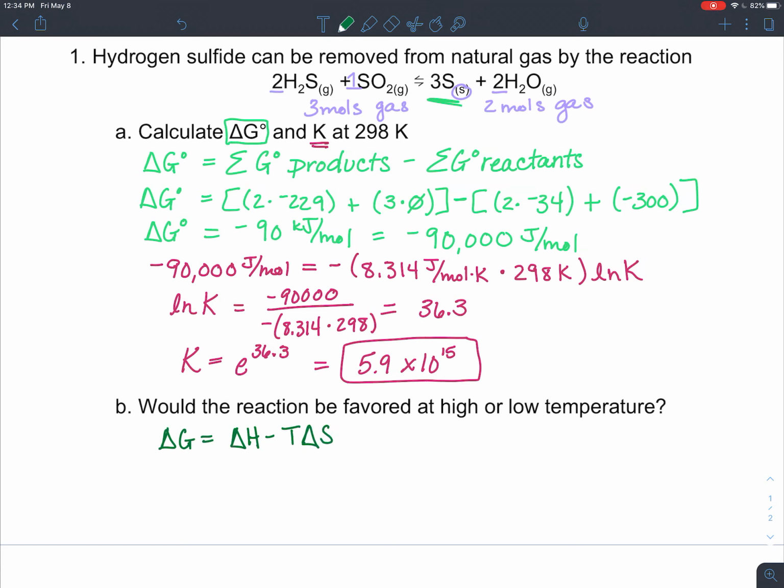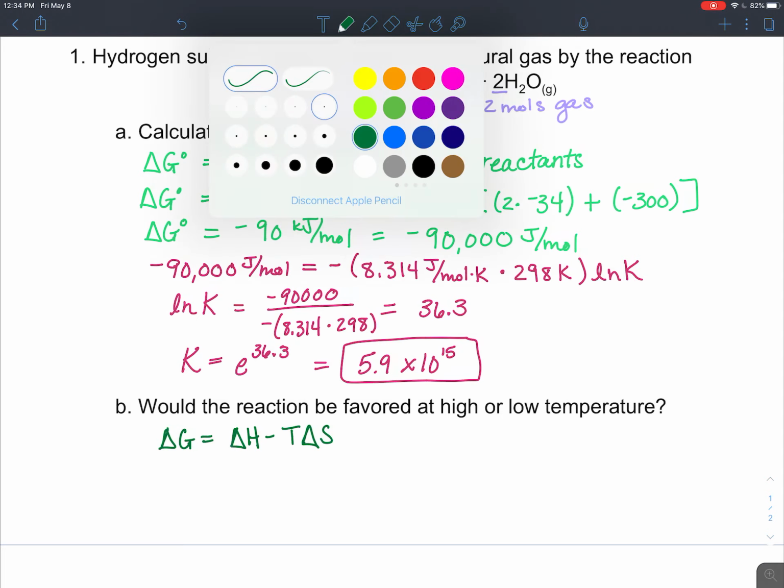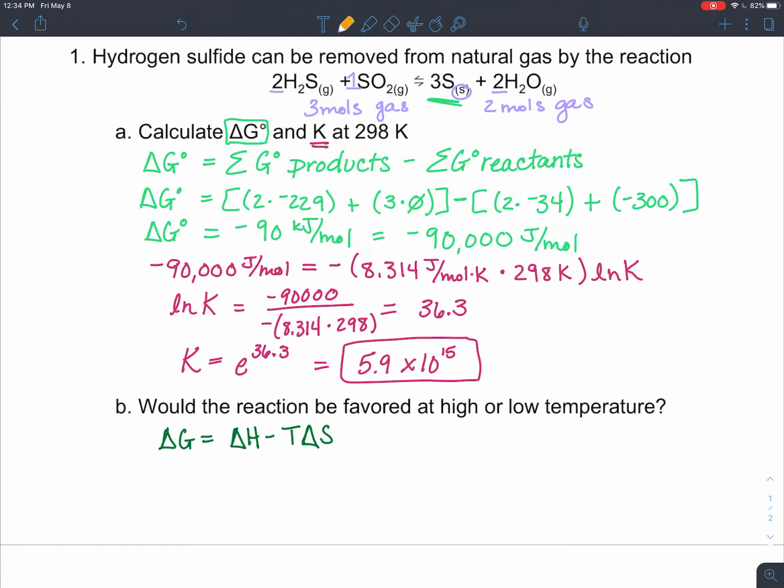Okay, so let's consider this. In order to have this reaction be spontaneous, it has to be a negative delta G. Okay, so negative is spontaneous or thermodynamically favorable.